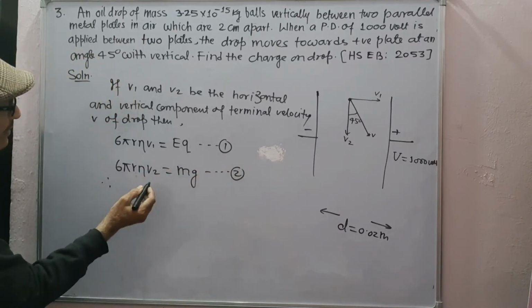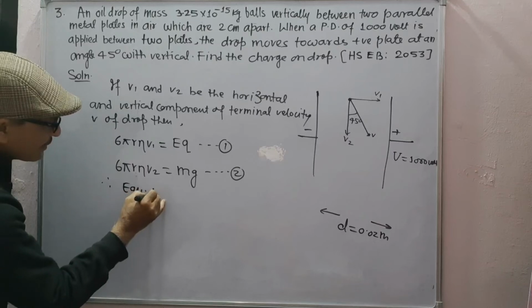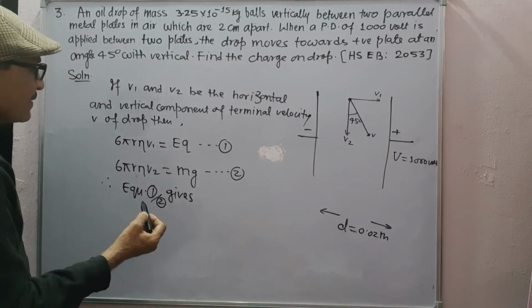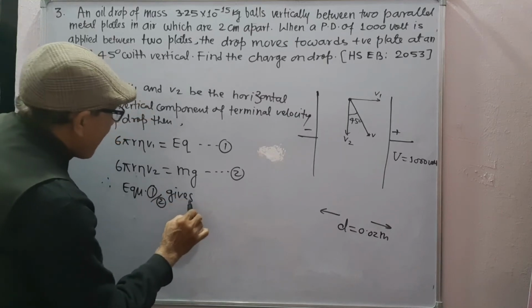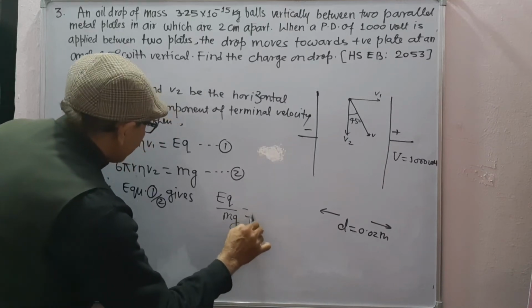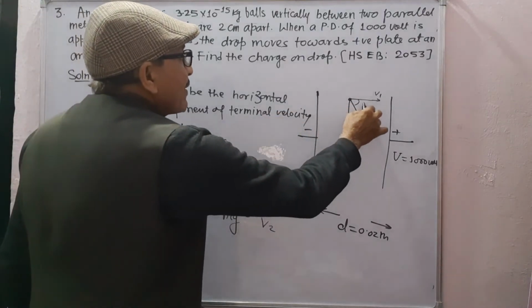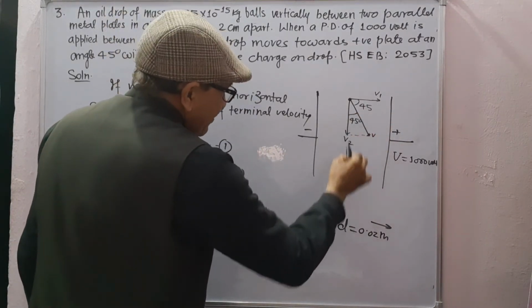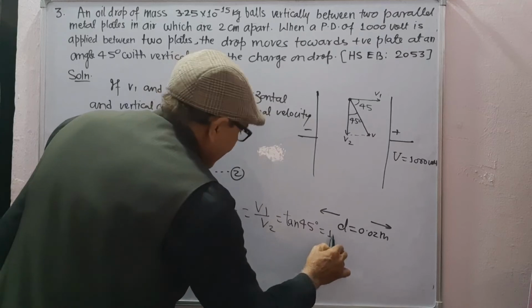Therefore, equation 1 by 2 gives EQ upon mg will be equal to B1 upon B2, and B1 upon B2 will be equal to tan 45, which is equal to 1.